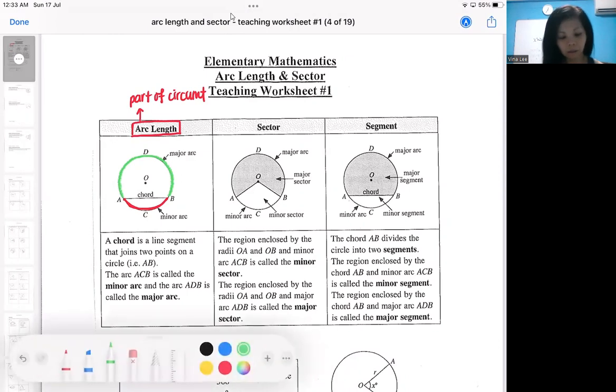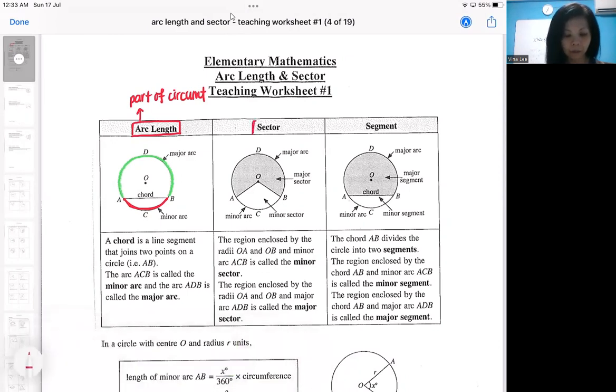Another thing that we must know is the sector. Think of a sector as a pizza. It is a slice of pizza that you eat. Usually we eat the minor slice, so this is a minor slice.